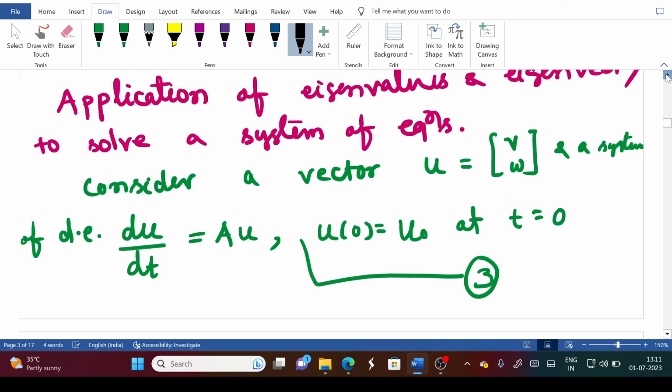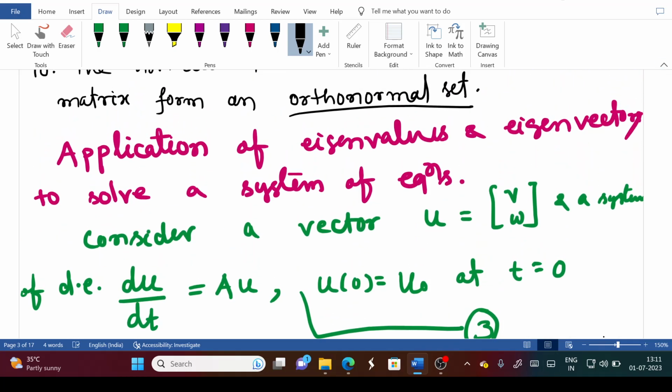Now let us discuss some applications of eigenvalues and eigenvectors to real life problems, that is, to solve a system of equations. Consider a vector u which depends on t and is a two component vector. One component is v, another component is w. That means v is a function of t, w is a function of t.